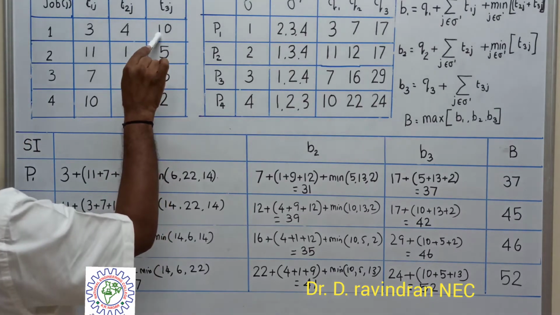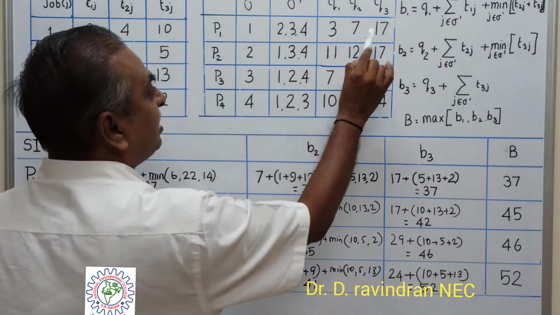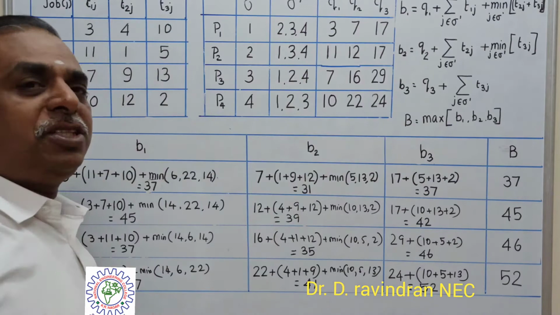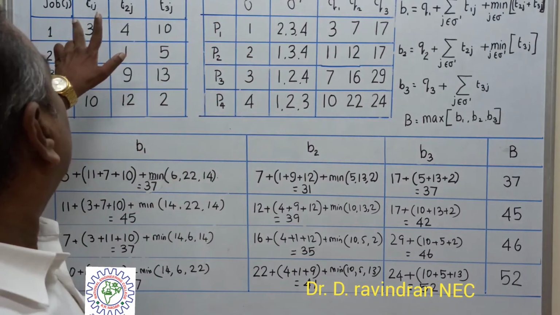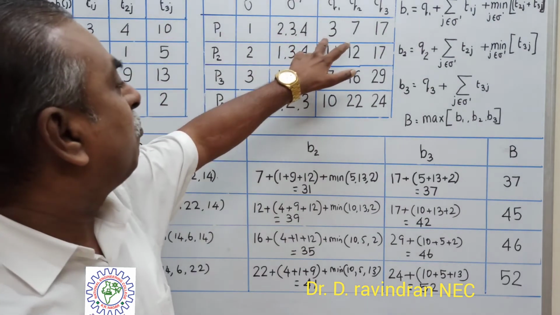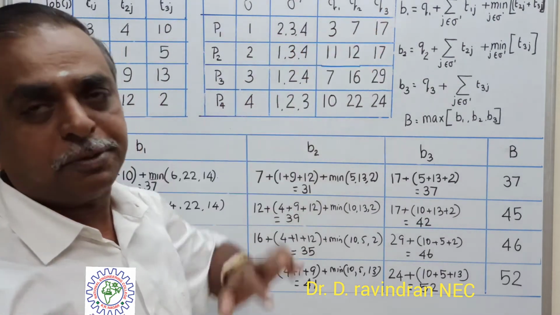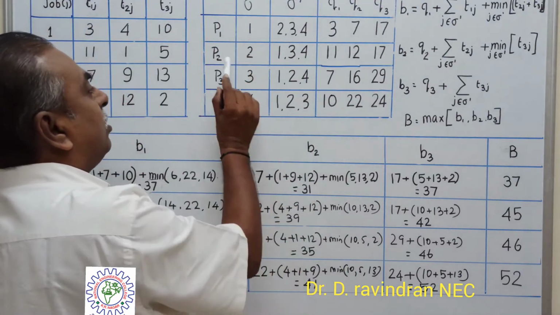At 17 hours it comes out from machine 3. So 3, 7, 17 is the completion time of this partial sequence. That means when the first job is processed first, these are the completion times at machine 1, machine 2 and machine 3. Similarly, we have found the completion times for all the jobs.